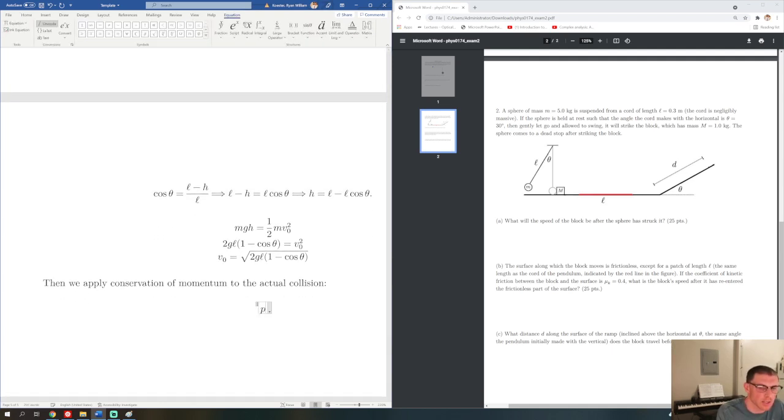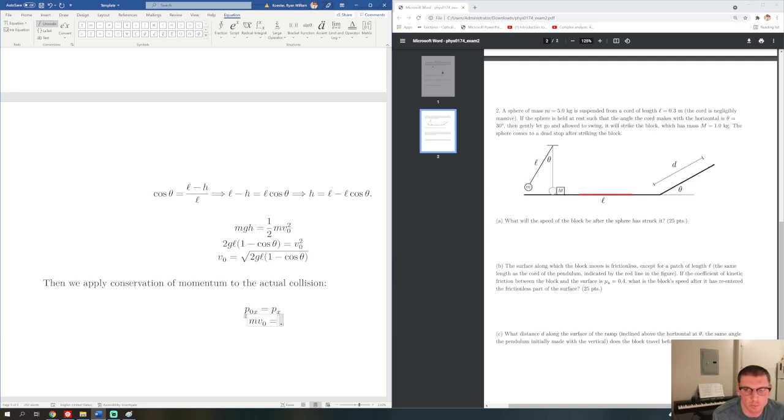And this then looks like, remember, we're talking about the x direction here. So we could write P initial x equals P final x, and we would write m v naught equals, and then, in the problem statement, I said that the sphere comes to a dead stop after the collision, so there's only one term on each side of this equation, right?